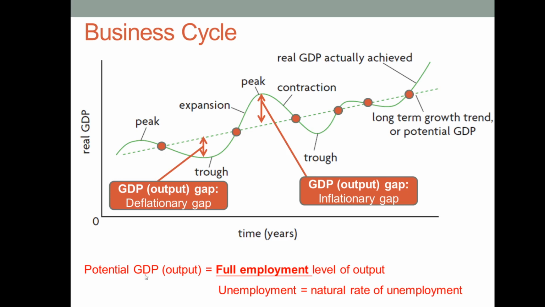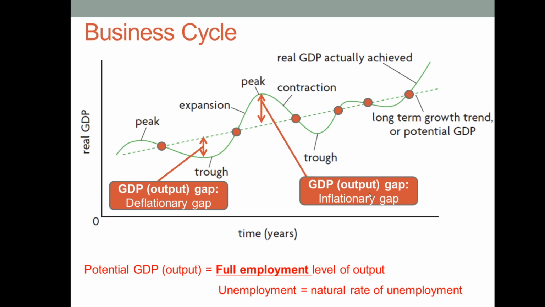So once again, along this long-term growth trend, we call that potential GDP. When we talk about potential GDP, we talk about the optimal level of the economy when it is growing. So this is the optimal growth of an economy. If you are off track from this line, then there might be some problems.